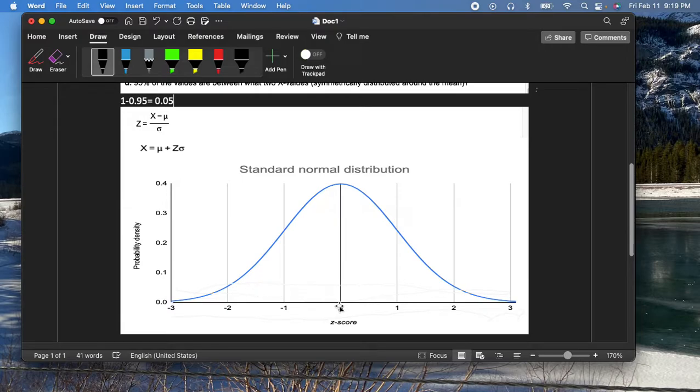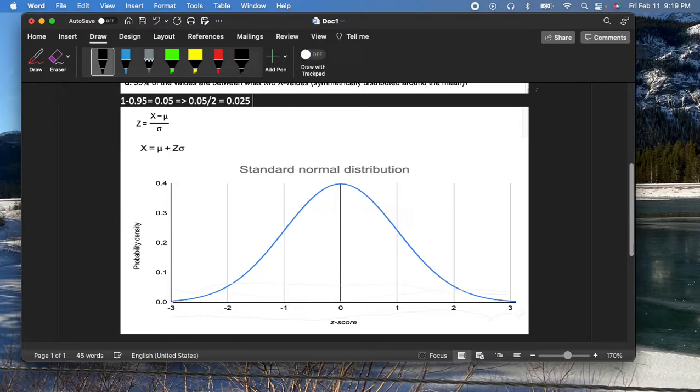So out of that 0.05, half is going to be to the left and the other half to the right. So we divide the 0.05 by 2, and that equals 0.025.